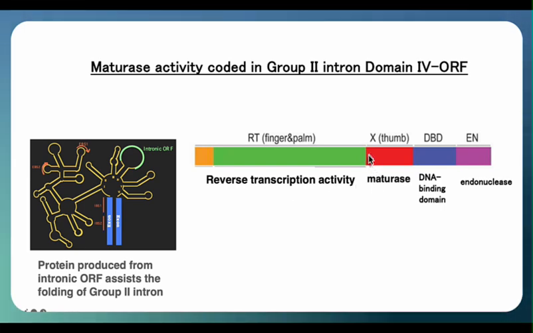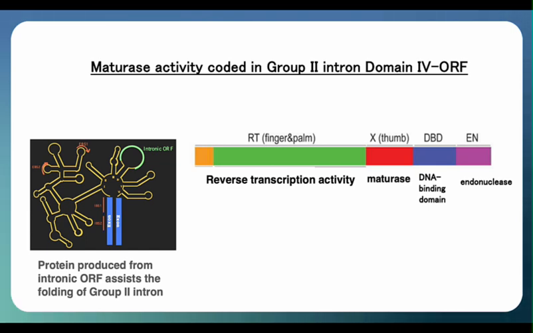One of these activities is called the maturase activity, which is encoded in the X domain. As the name maturase suggests, it has an activity that helps something mature. Specifically, the maturase has the activity to mature the three-dimensional structure of the intronic RNA into its correct form.